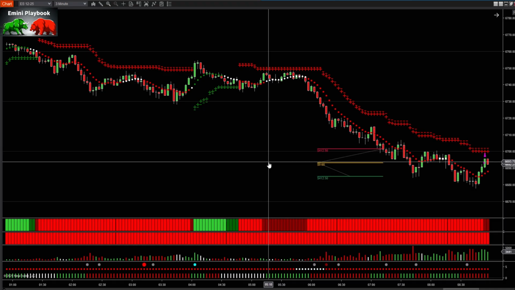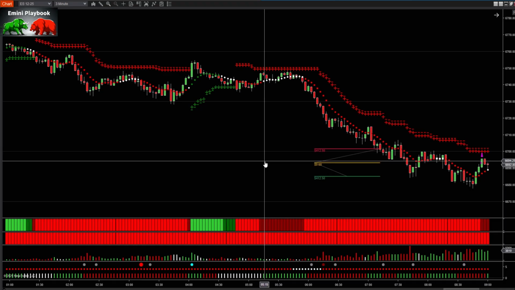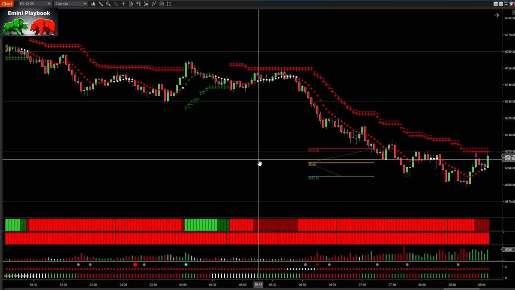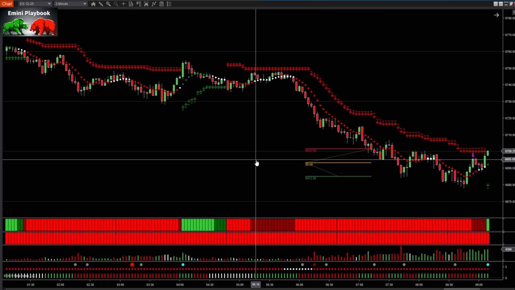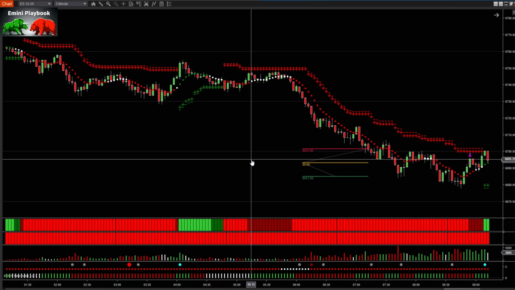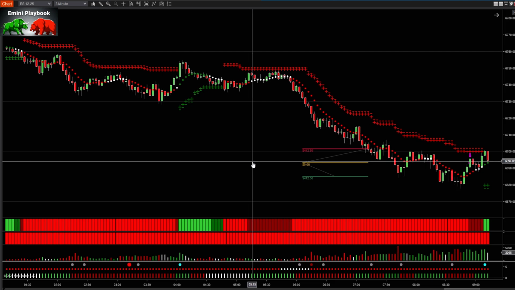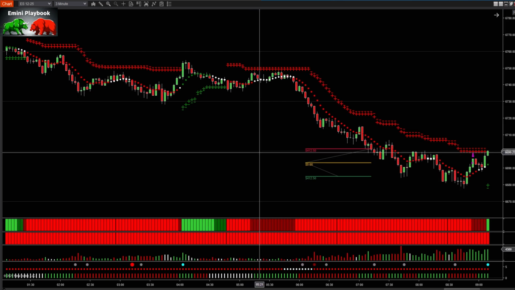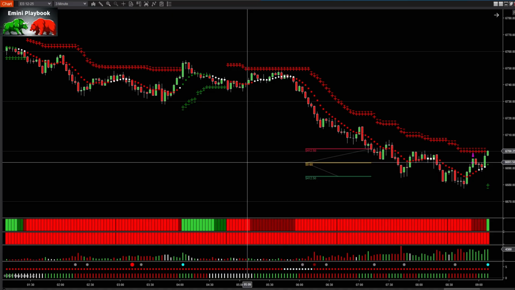As the market went forward, it went down and then it actually went against us. By the time I came back to the machine, the market was here and we were at a loss.